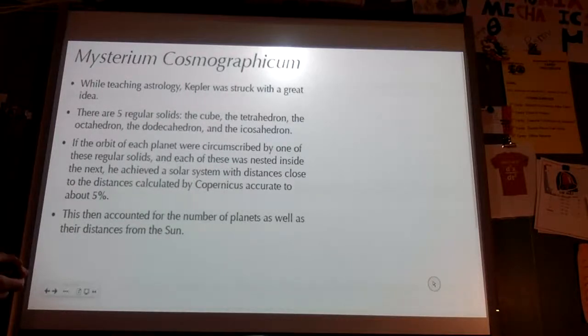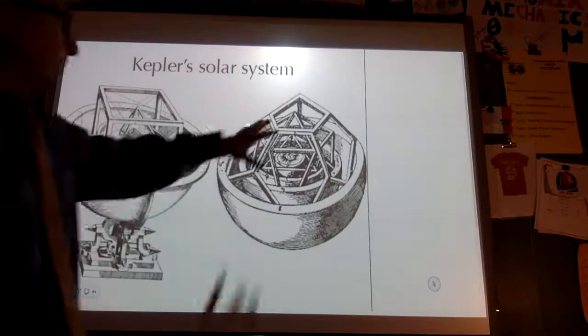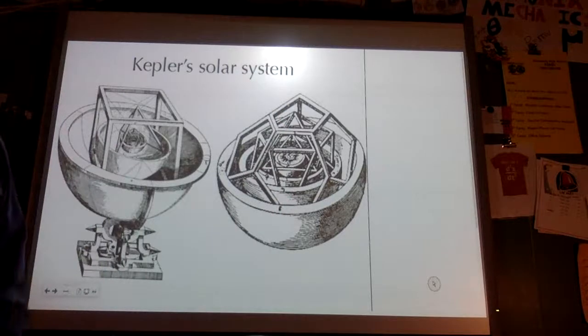And when you did this, it turned out that for the 5 planets that we knew, he found a solar system that was very close to the distances that Copernicus calculated. So this is his original idea, that we start with a triangle and then we're putting that inside of a square, and then the outside edge would be where it actually rotated.